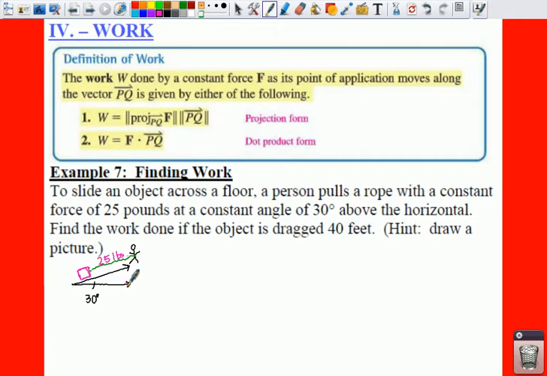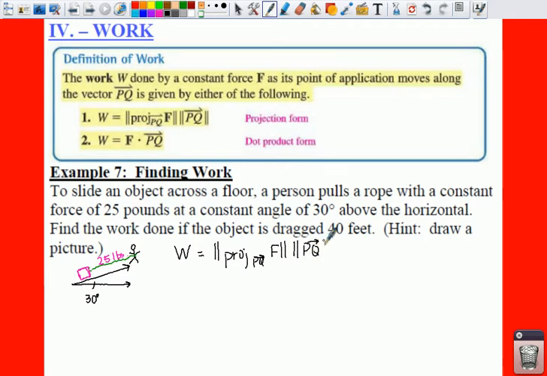So let's look at finding our work done using the projection. Let's use this one up here. We're going to find the projection of PQ onto F multiplied by the magnitude of PQ.